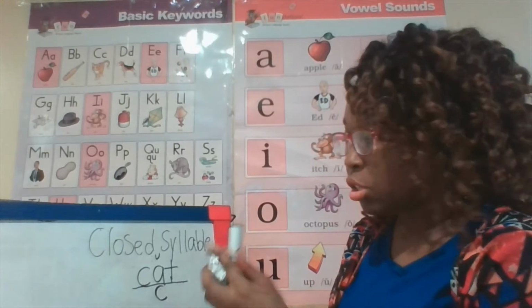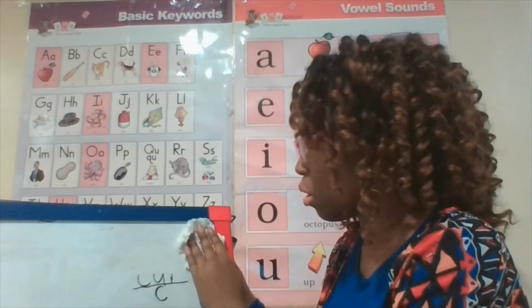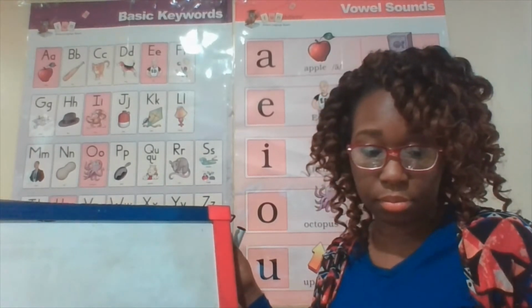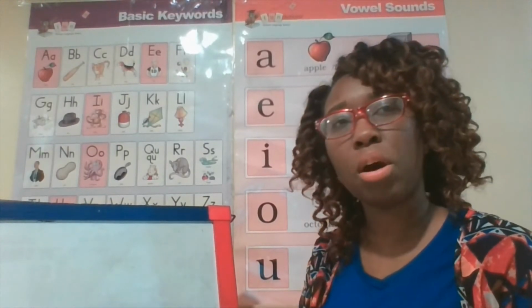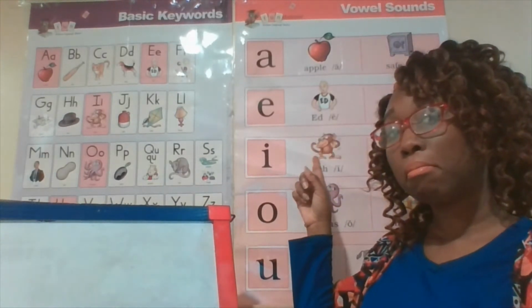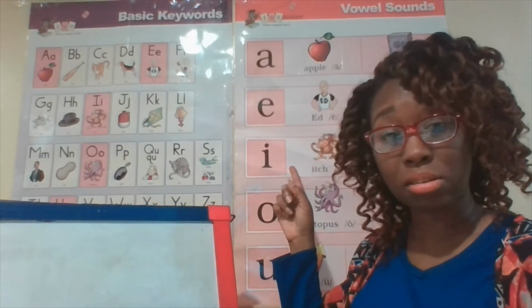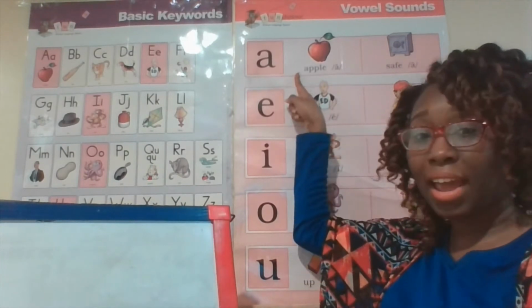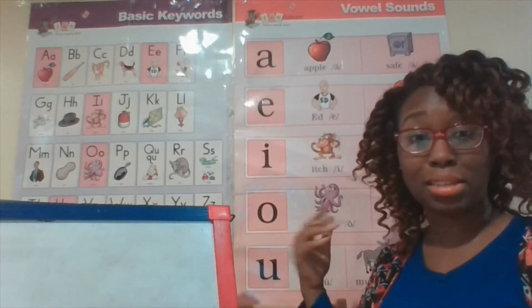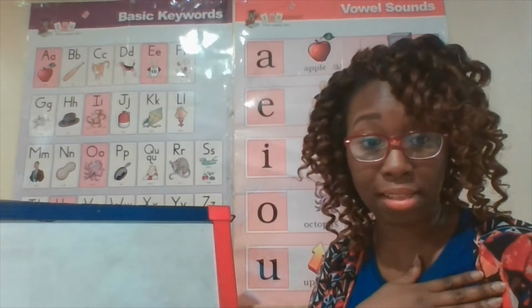Okay? So we're going to move on from closed syllables to vowel teams. Now you might be thinking, what are vowel teams? Maybe it has something to do with vowels. So we know our vowels are A, E, I, O, U, and sometimes Y, and we'll talk about that later.